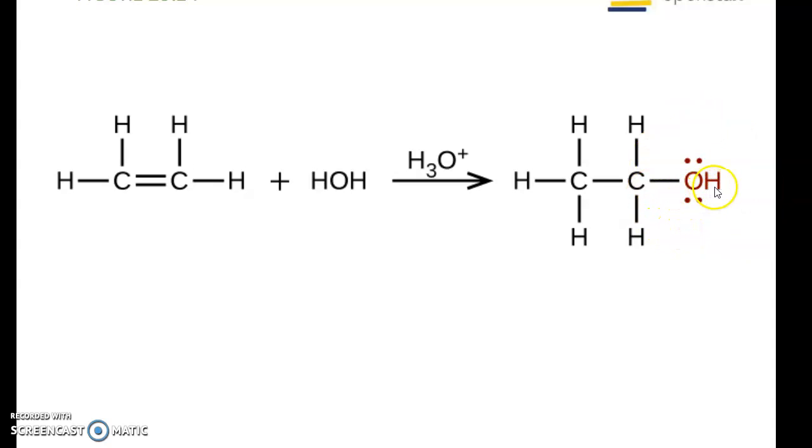Okay, OH. Now this right here is not an ionic bond. This is a covalent bond, and this hydrogen is covalently attached to here. So this is a fairly stable molecule. This oxygen and hydrogen are not going to be given off unless you really do some serious reacting to this. But this is the way, and another way, in which alcohols can be formed.